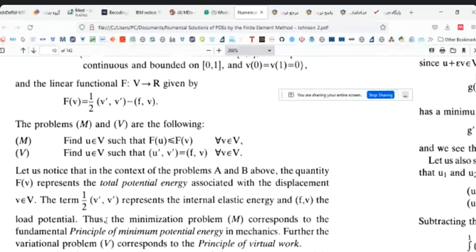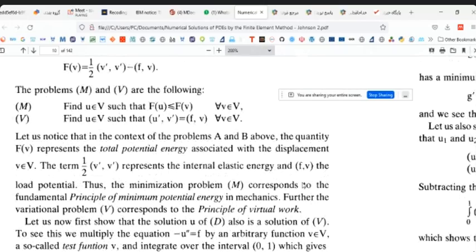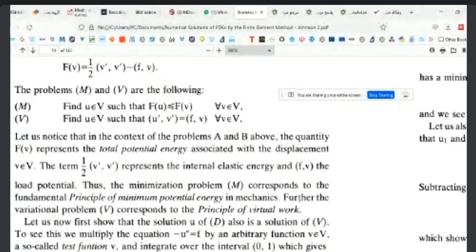So we want to associate the differential equation with a potential function which represents the potential energy, and the differential equation describes the transferring of the energy from one case to another case.